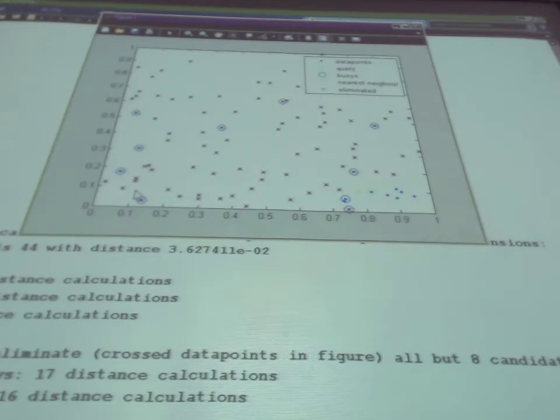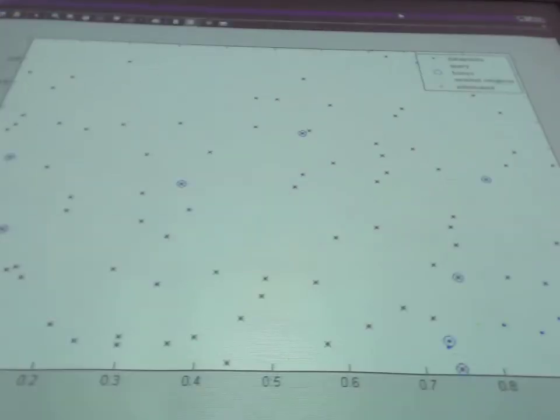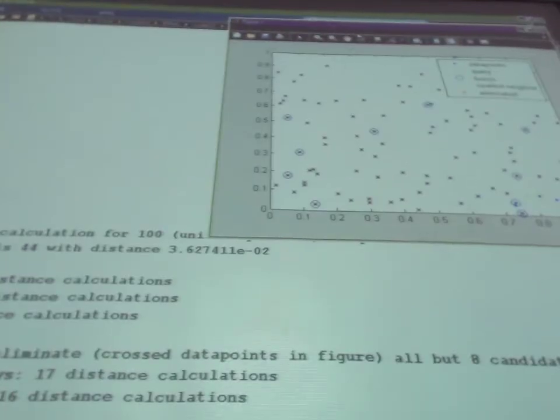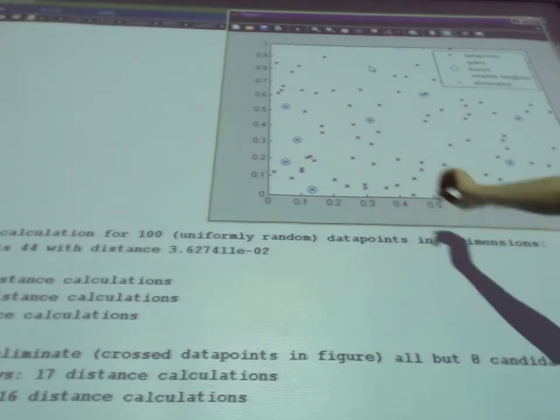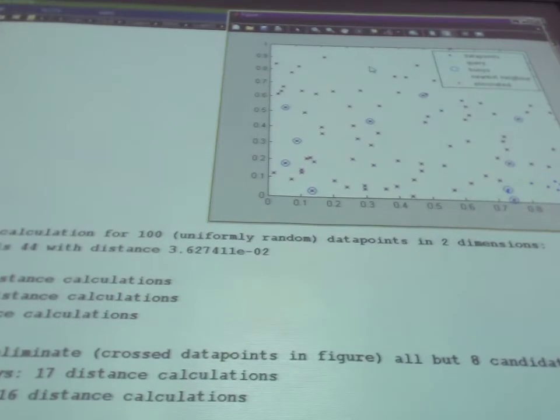So here's another, just another random set. Okay, so it claims here that in this particular case, these are both a little bit weird actually because they're both in the corner, but you can eliminate all of these data points and just consider these ones here.